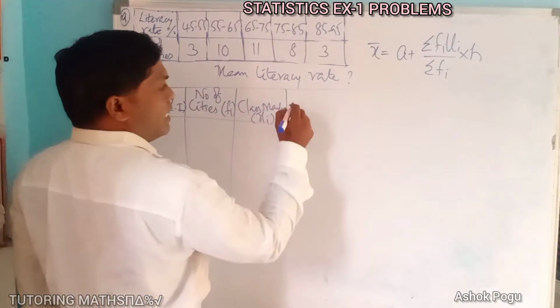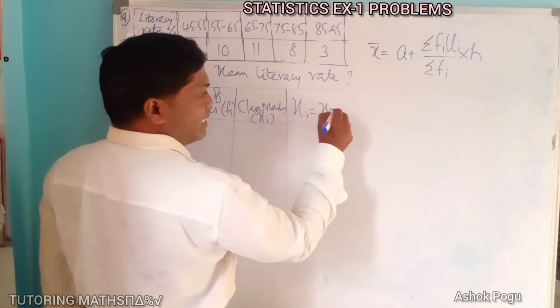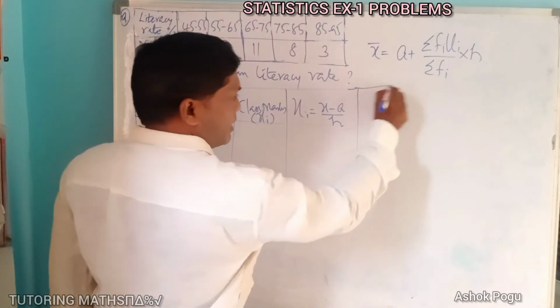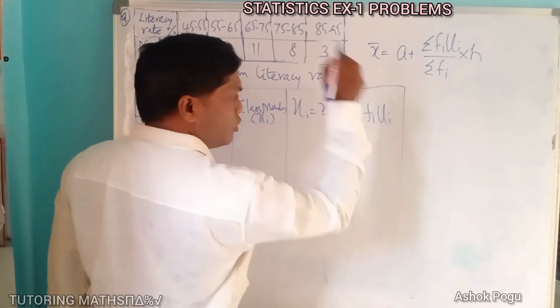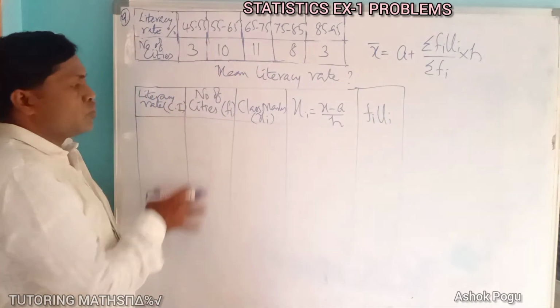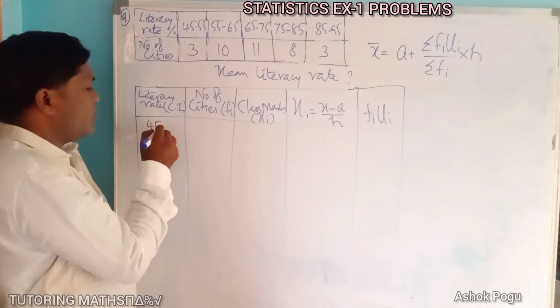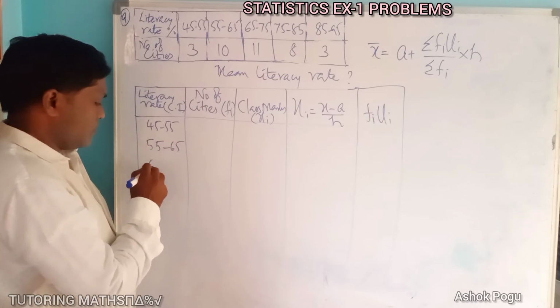And finally, u. What is u? That is ui means x minus a by h. And next, the last column is fi and ui. So let's find them column by column. The first 2 columns are already given in the raw data, that is 45 to 55 and 55 to 65.